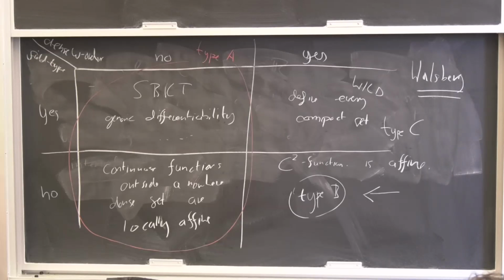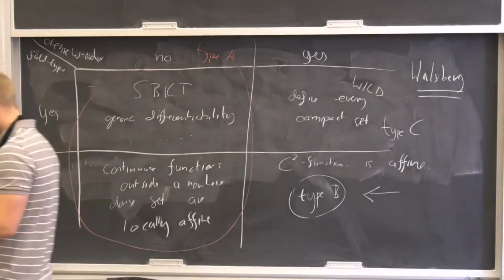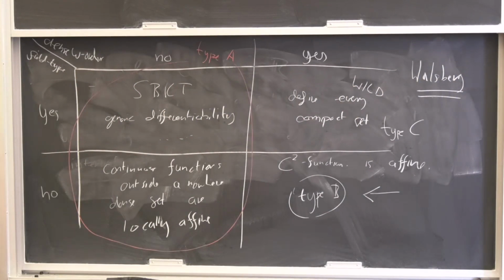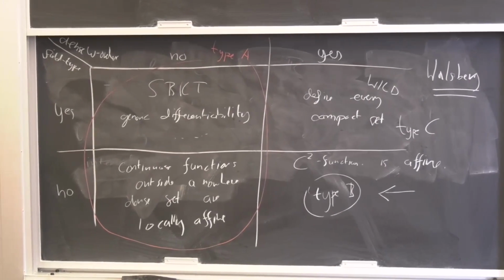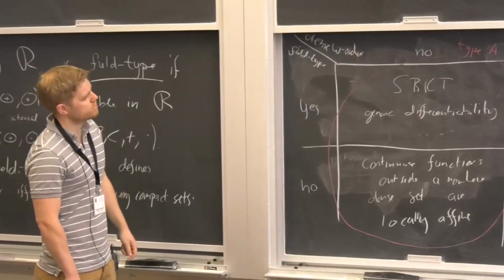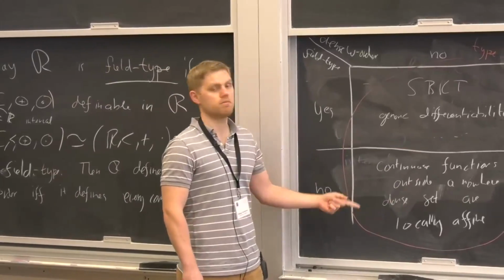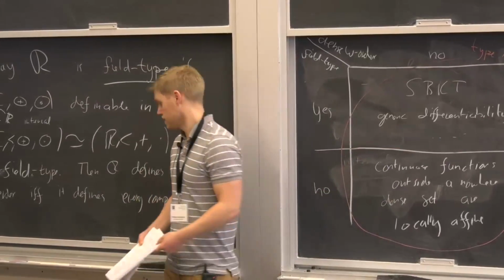But really, this comes from very different reasons, and I want to talk a little bit about those reasons. So first, let me give you an example of such a type B structure. What kind of structure should that be? We know that if you're of field type, then you're type C, so it must be a structure that is not of field type, but still defines a dense omega orbital set.